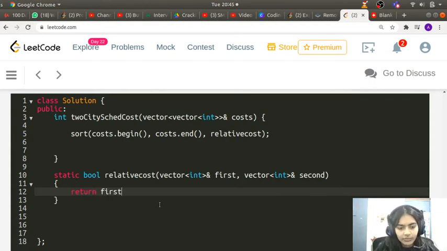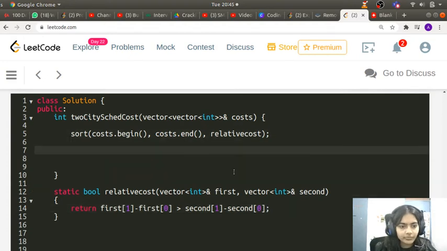If the first vector's relative cost is higher than the second vector's relative cost, we know we have to send that first person to city A over city B. So we have to give him preference if we are going to save more money on him. Otherwise we will have to send the second person, as that will be more profitable for us. So this is it, and we will have to move forward.